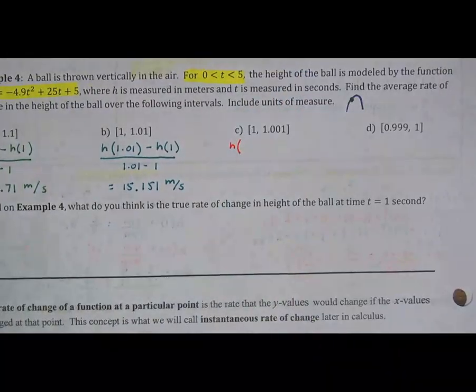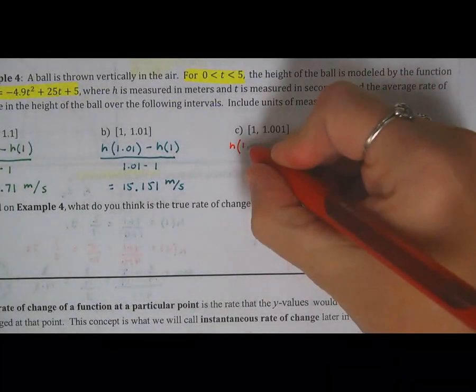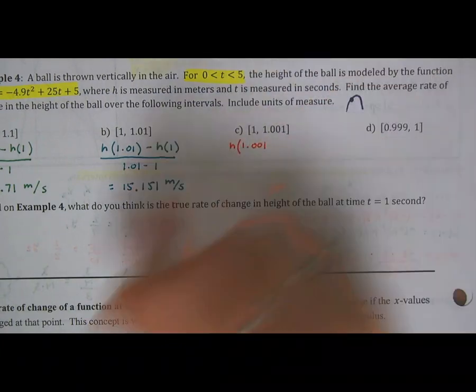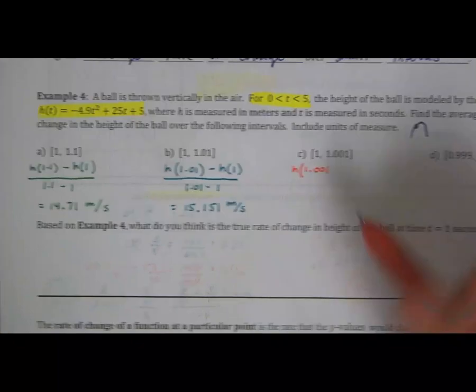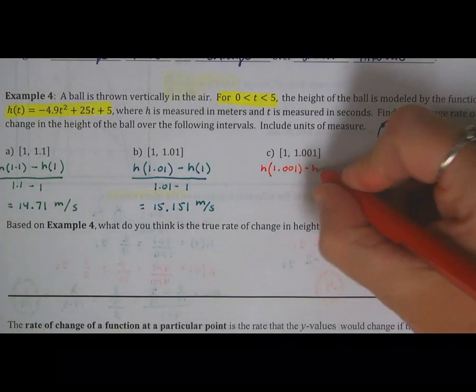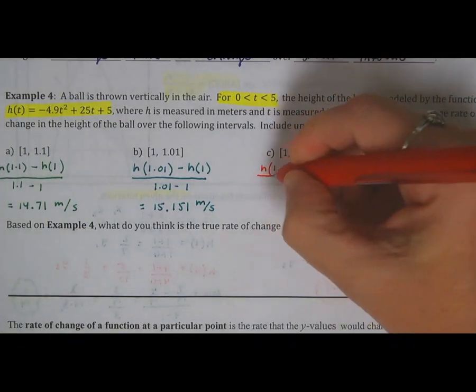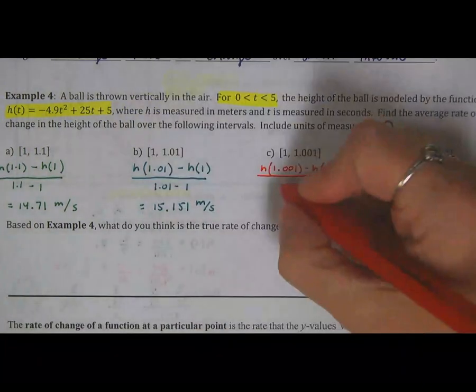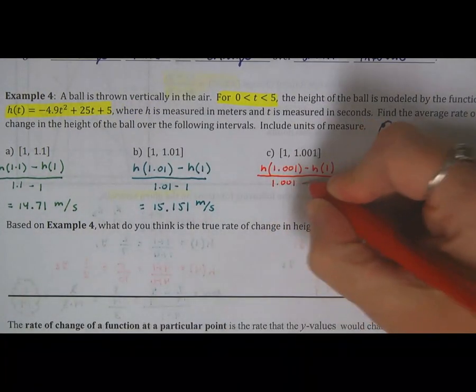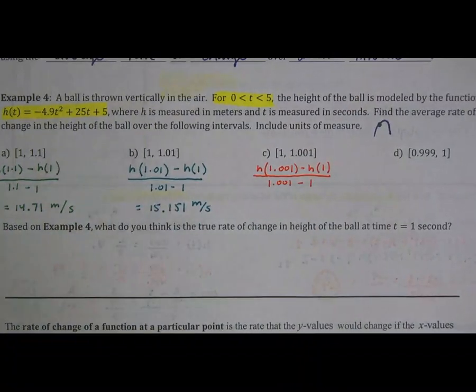You can probably guess, I would have to grab my calculator and plug 1.001 into this function that I've highlighted. That would be kind of tedious, right? But I have to plug that in, see what I get, and plug in 1, which luckily we've already done twice before. And then we would do 1.001 minus 1.